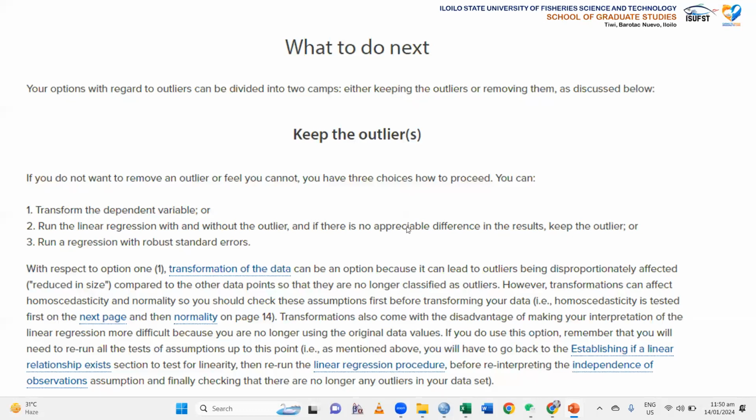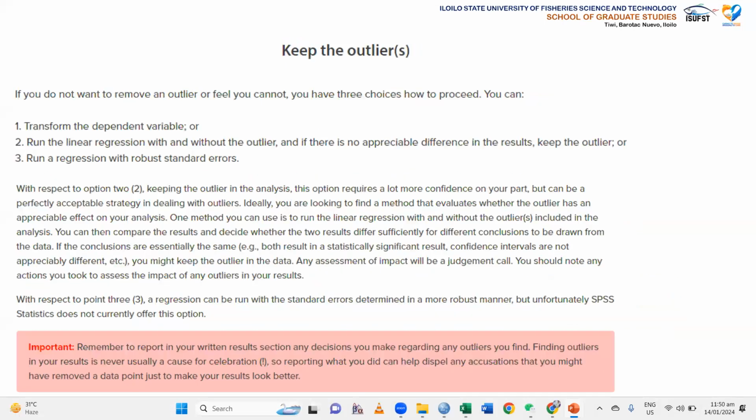And if there is no appreciable difference in the results, meaning to say, if the results with and without the outlier are similar, or they are not really far from one another, then you may choose to keep the outlier. Or number 3, run a regression with robust standard errors. Okay?